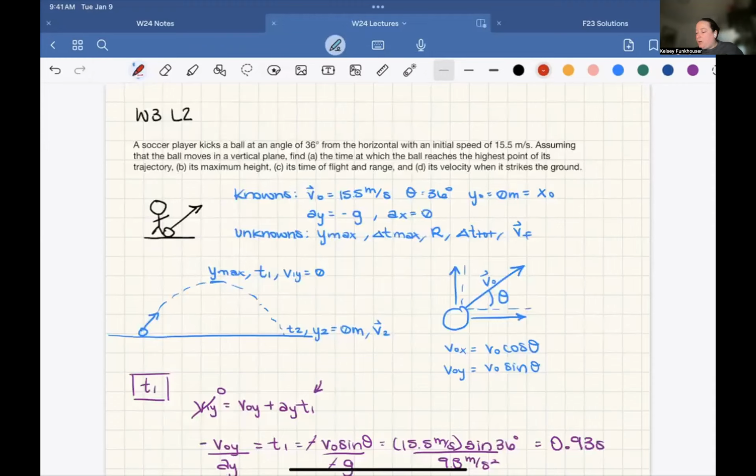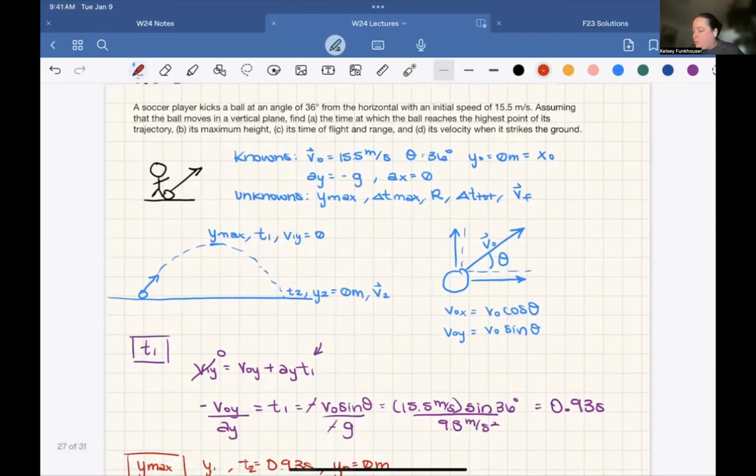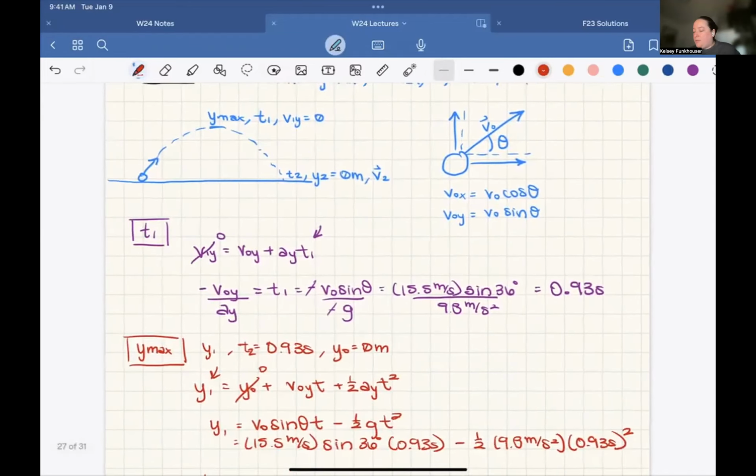The first thing we wanted was the time to the maximum height of the trajectory and the maximum height itself. And then the other thing we wanted had to do with the total range or the total time of the projectile's motion.